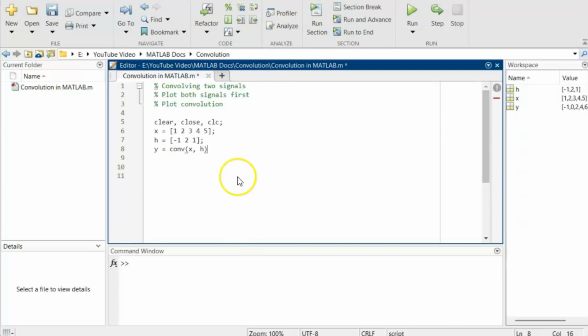Let me see the result. As you see here, we got exactly the same result as calculating by hand, and the MATLAB function gave us the same result too.